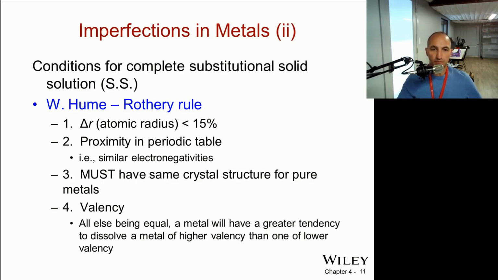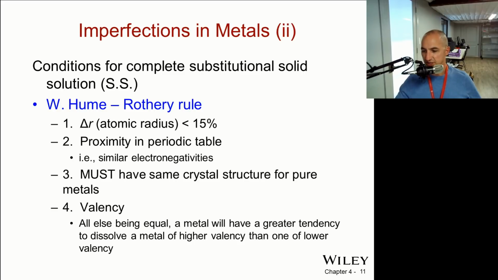Number 3, they must have the same crystal structure in order to have complete solid solubility. For example, both must be FCC, or both must be BCC, and so on and so forth. Lastly is valency. All else being equal, a metal will have a greater tendency to dissolve a metal of higher valency than one of lower valency.